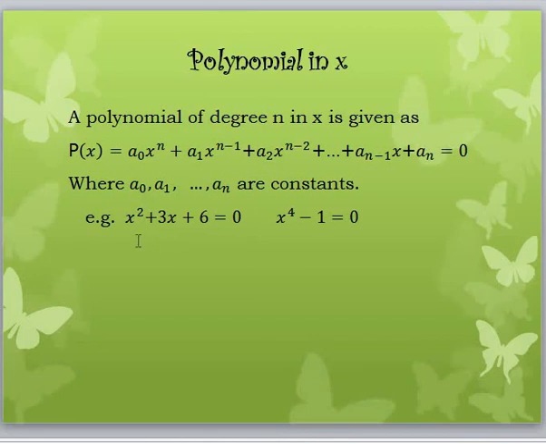For example, x square plus 3x plus 6 equal to 0 and x raised to 4 minus 1 equal to 0. The first example, x square plus 3x plus 6 equal to 0, is a quadratic equation of degree 2, and x raised to 4 minus 1 is also a polynomial, with degree 4.